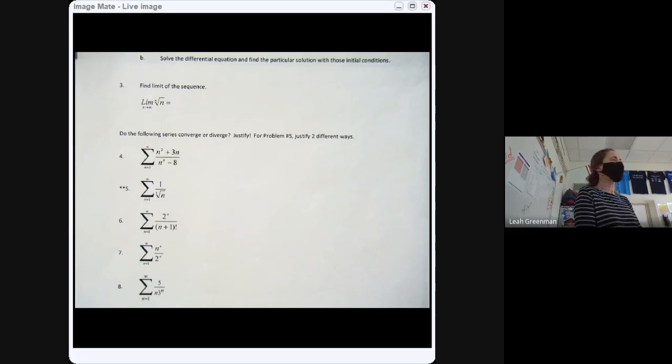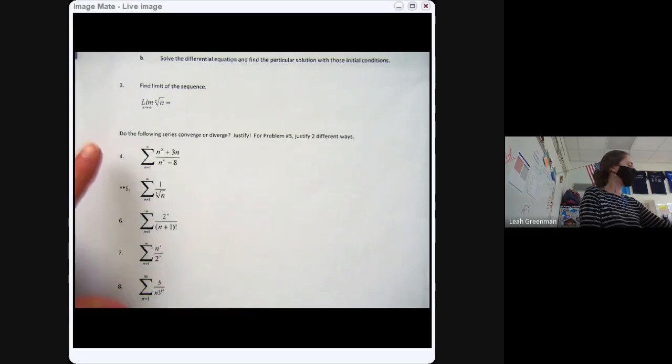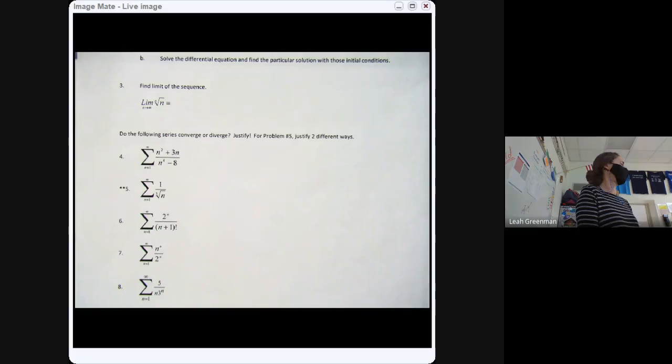Also, don't forget about the very first thing you want to look at. What's the very first thing you want to think about when you're looking to see if a series converges? Nth term, you got it. The limit as n goes to infinity, right? 9 times out of 10, the limit's going to go to 0, and what do we know? Nothing.